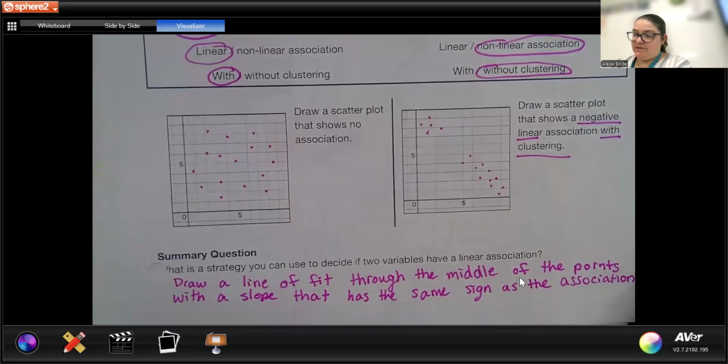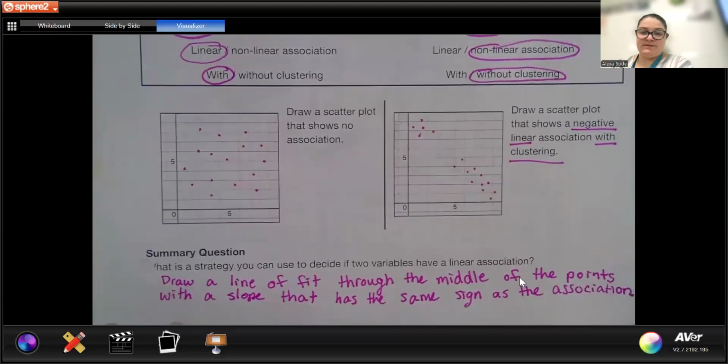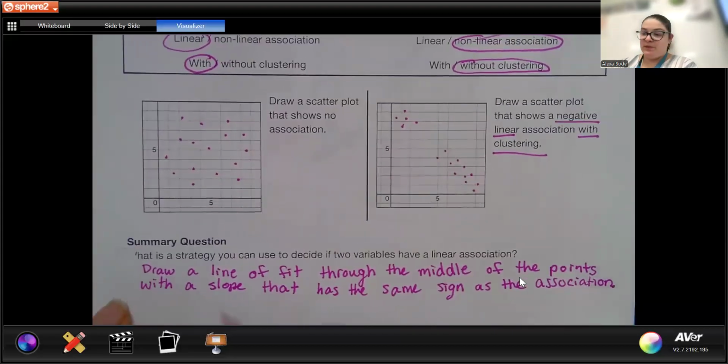So if it's a negative association, it'd be a negative slope. If it's a positive association, it'd be a positive slope.